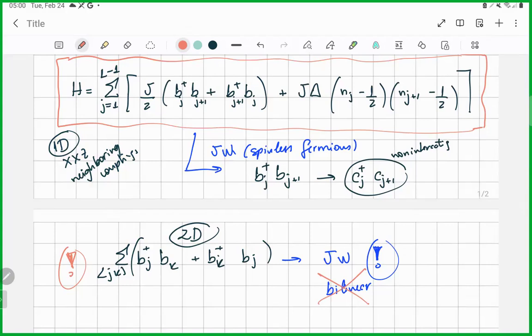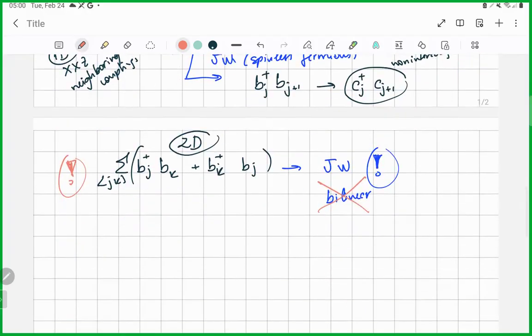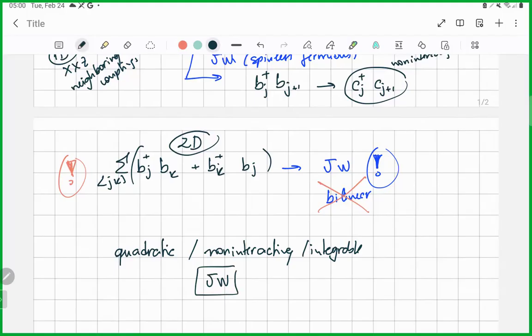Okay, so this is not the way to distinguish interacting from non-interacting terms. If you want to determine whether your Hamiltonian is quadratic, whether your Hamiltonian is non-interacting, so all these are like synonyms, and therefore whether your Hamiltonian is integrable, you should go to spinless fermions, Jordan-Wigner transformation.